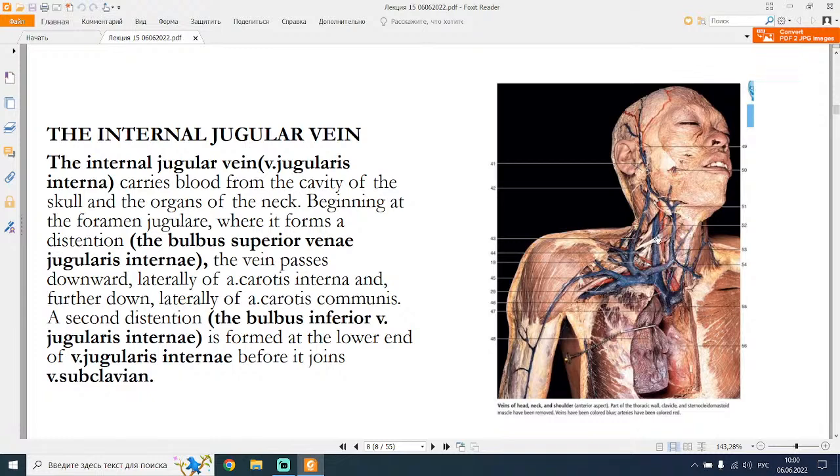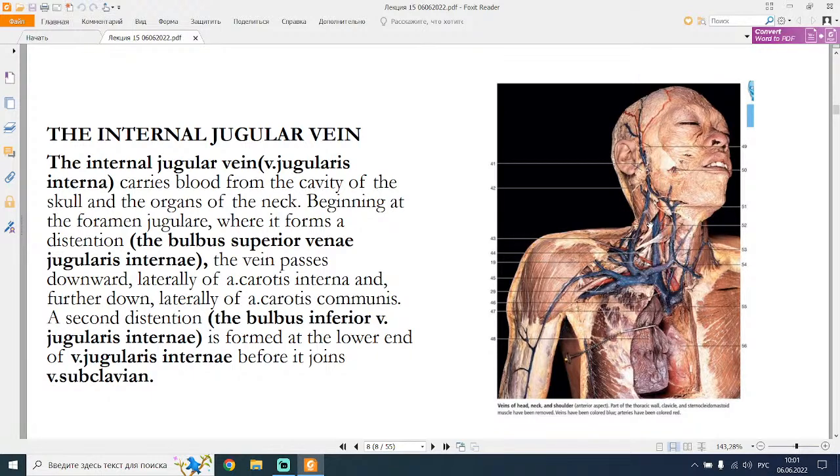The vein passes downward laterally to the internal carotid artery, and further laterally to the common carotid artery. A second distension, the bulbus inferior venae jugularis internae, is formed at the lower end of the vena jugularis interna before it joins the vena subclavia.